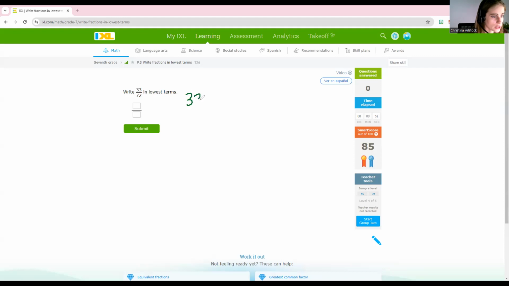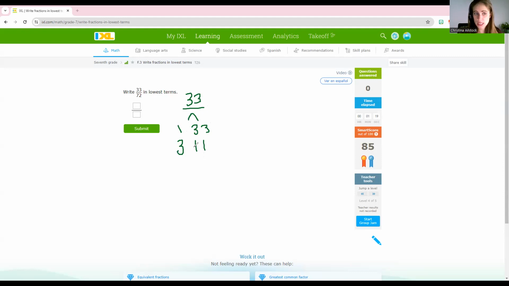So if I look at 33, I know I have 1 times 33. 2 is not going to work because it's not an even number. Then I have 3 and 11, because 3 times 11 is 33. 4 doesn't work, 5 doesn't work. And if you're not sure whether the numbers work or not, remember you can use a calculator, because when you're finding your factors, you're wanting to know the 2 numbers that multiply together to equal 33.